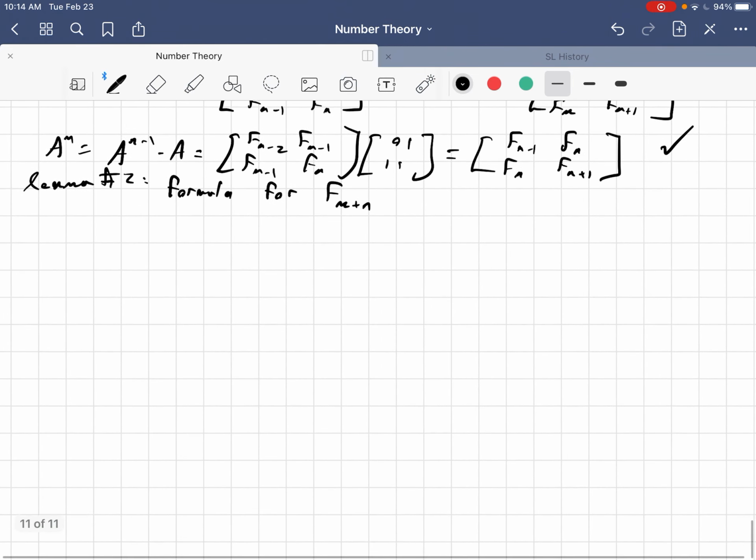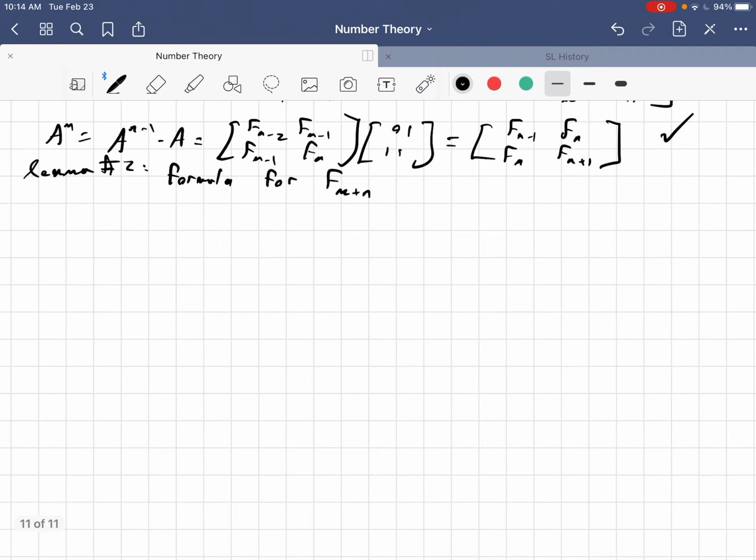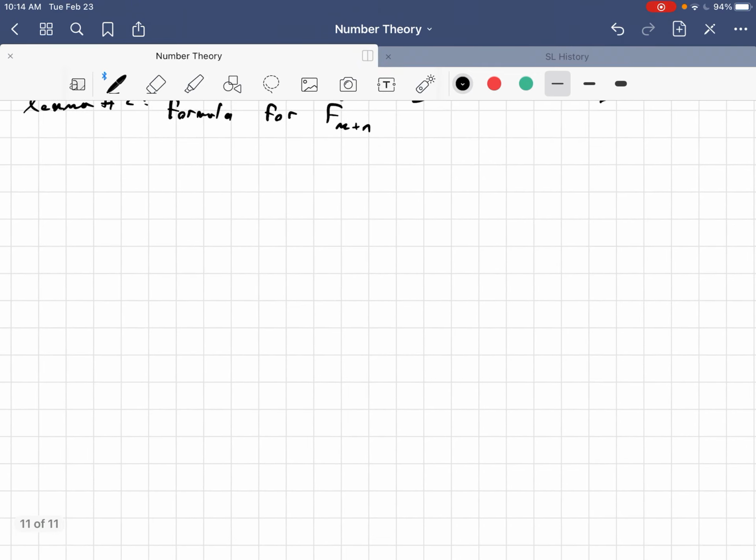So I need a formula for that, and I'm going to derive it using that matrix that I just talked about. Since matrix multiplication is associative, what I can say is that A to the m plus n is equal to A to the m times A to the n, for that matrix.